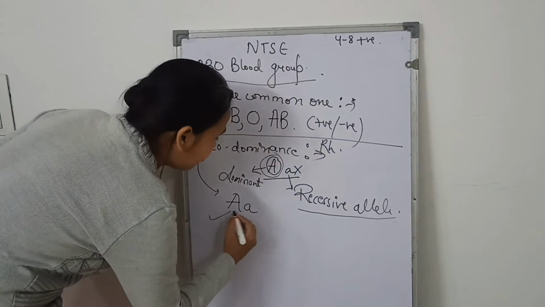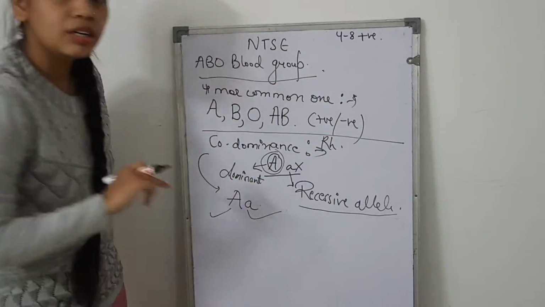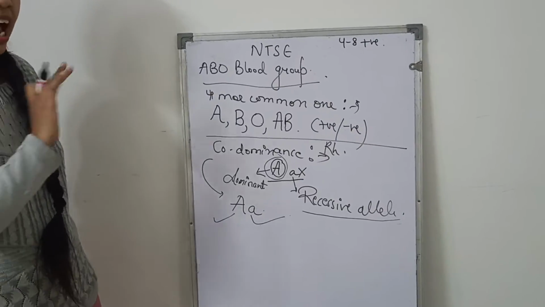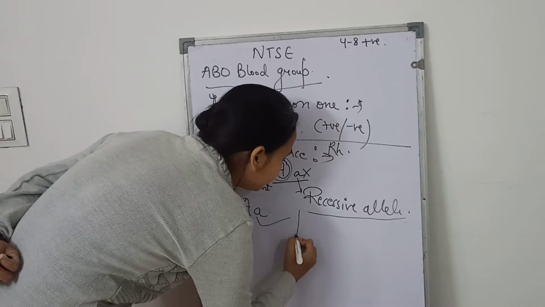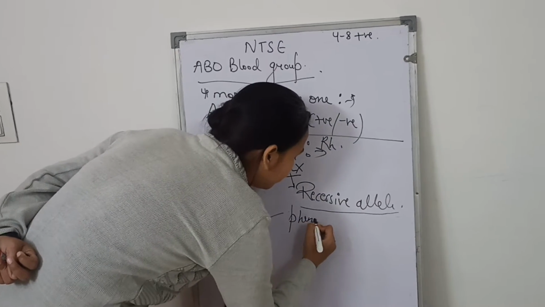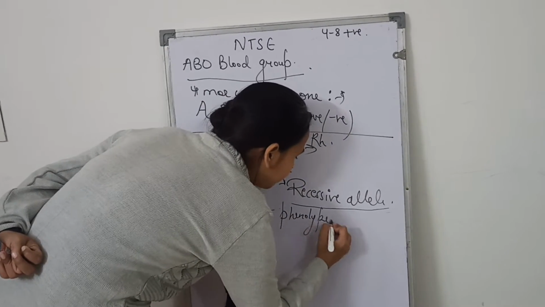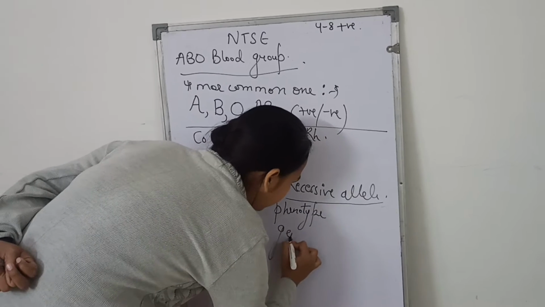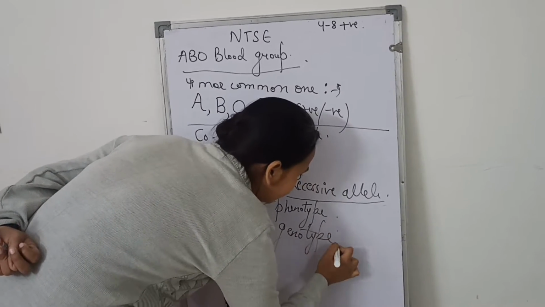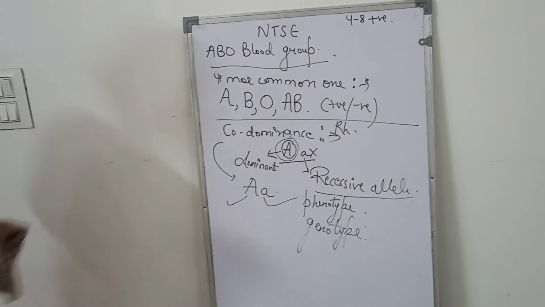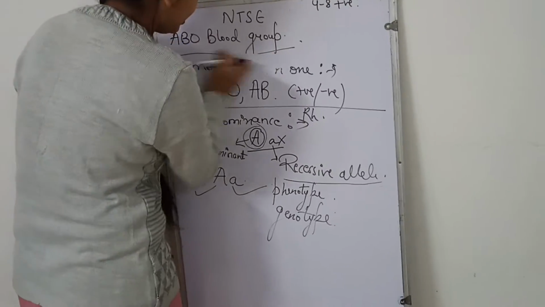Means allele A and allele B both express themselves and give a new phenotype to the population. So we get both a new phenotype as well as a genotype because of the expression of both the alleles.